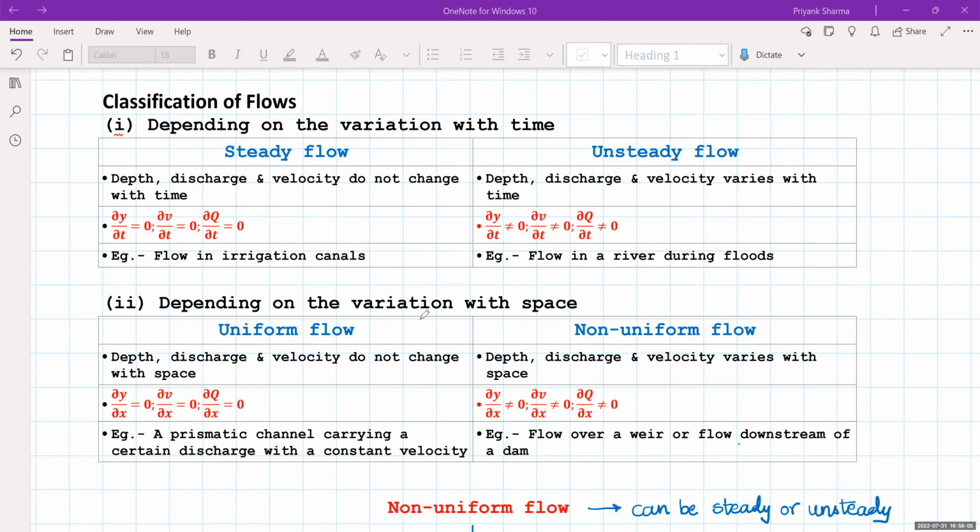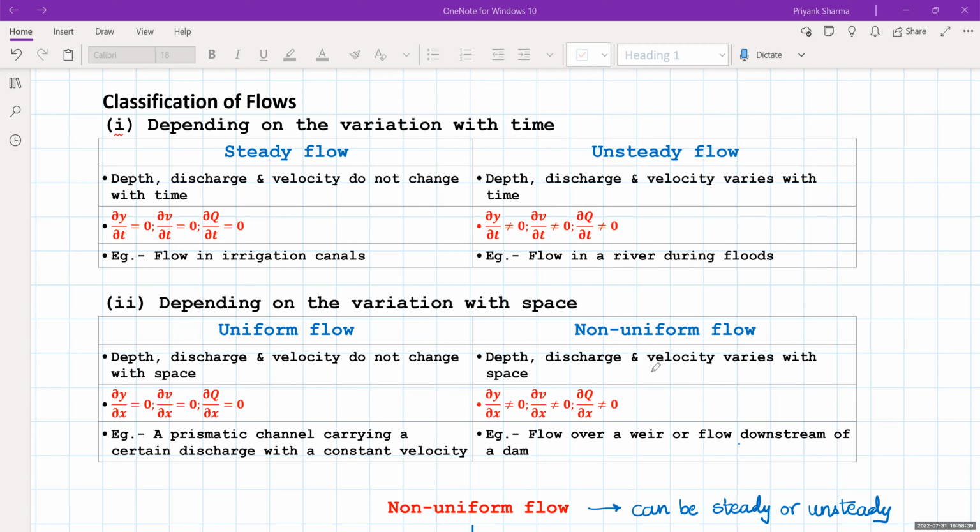You have to observe what the variations in space are, and based on that you can classify it as uniform or non-uniform flow. In uniform flow, your depth, discharge and velocity do not change with space, while in non-uniform flow, they vary with space. That is why the derivative with respect to x has been shown. A prismatic channel carrying a certain discharge at constant velocity will always have uniform flow, while for flow over a weir or flow downstream of a dam, there will be non-uniform flow.